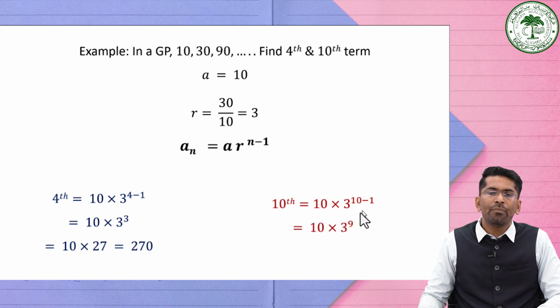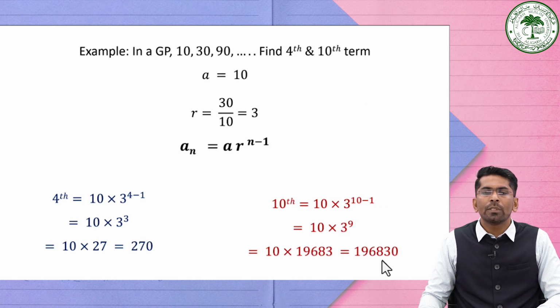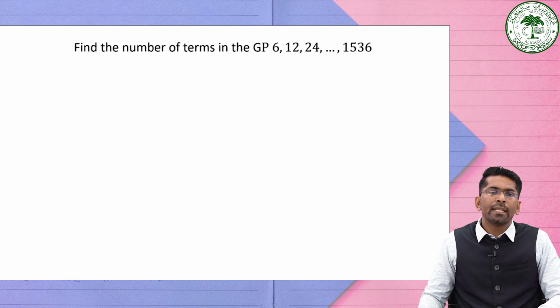If you go for simplifying it, then it is 10 into 3 raised to the power 9. 3 raised to the power 9 is equal to 19,683. So if you multiply it by 10, we get 196,830. This is the answer. That is, the 10th term of this given geometric progression is 196,830.